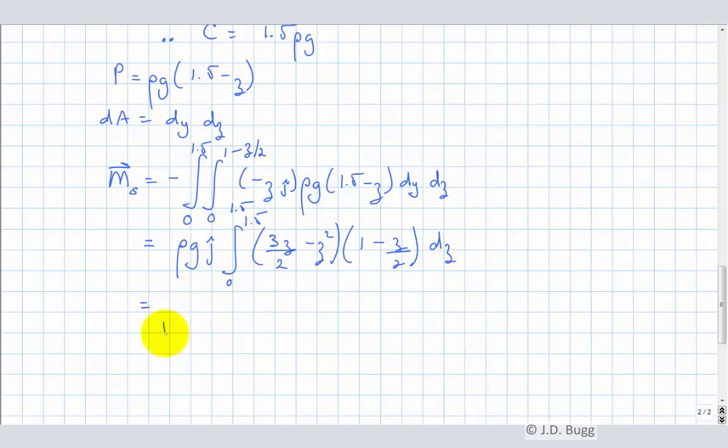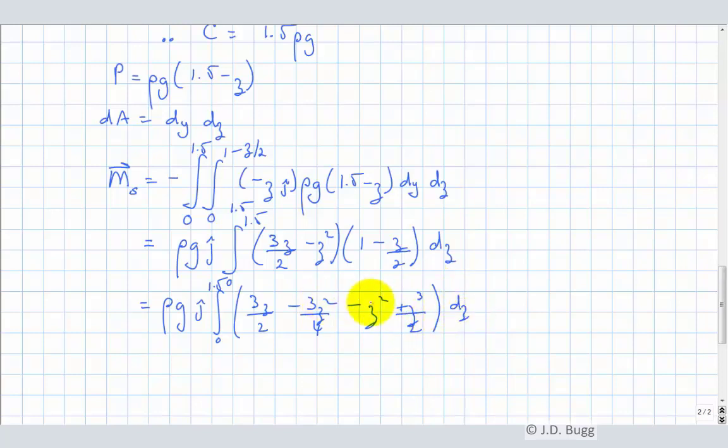So next thing we need to do is distribute these two terms out. So still integrating from 0 to 1.5, haven't done that yet. Multiplying these out, we get 3z over 2 minus 3z squared over 4 minus z squared plus z cubed over 2 dz.